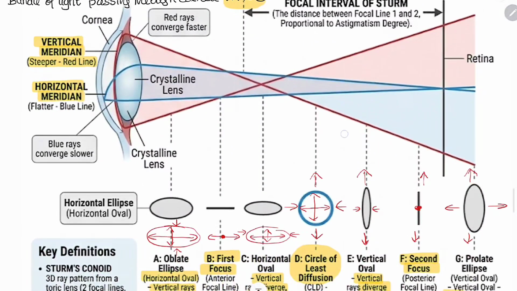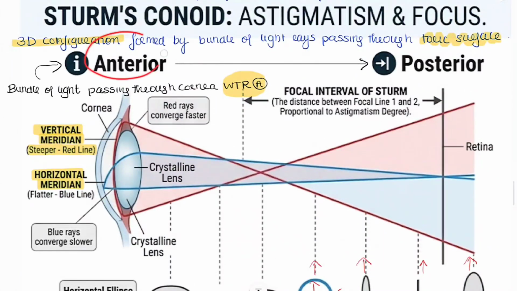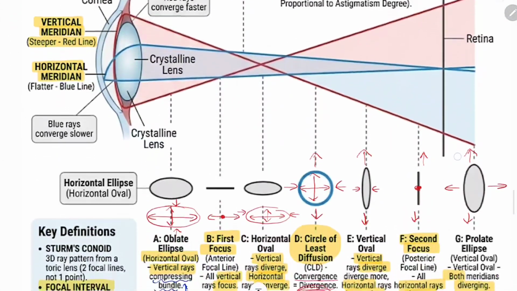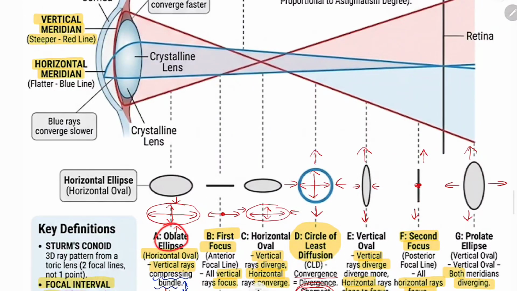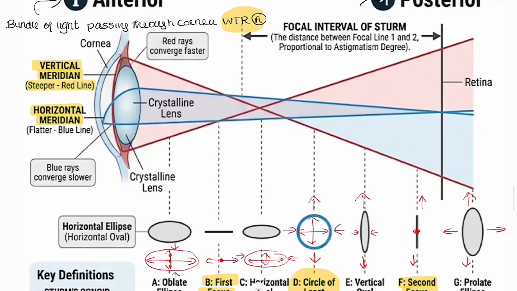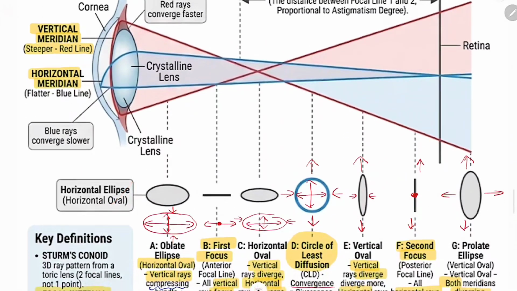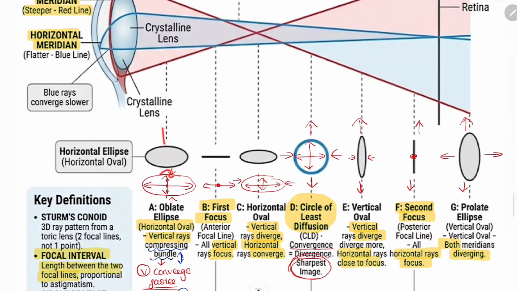Okay. So, the light rays are traveling from anterior to posterior direction. So, there is a sequence of events happening. First one is the oblate ellipse or horizontal oval. What does this mean? This means that the vertical rays are converging faster. We know that in with the rule astigmatism, the vertical meridian is steeper, so the vertical rays will converge faster than the horizontal ones.